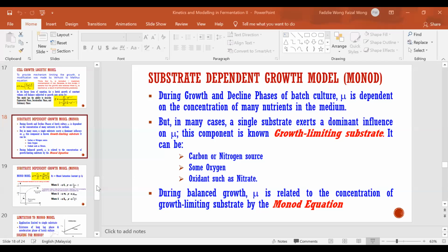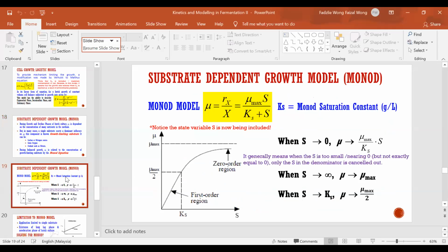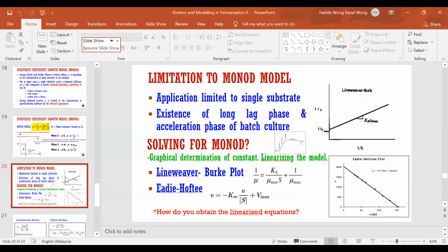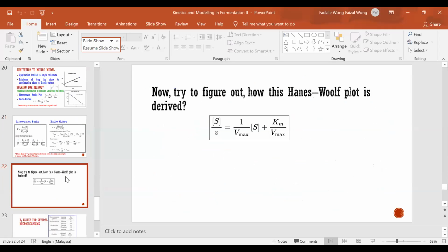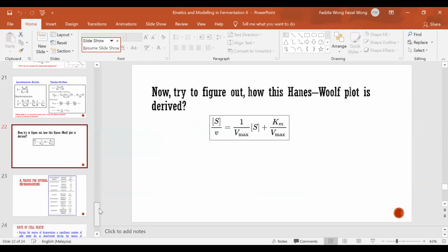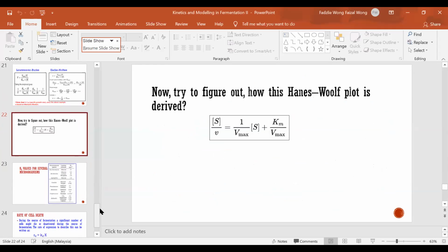All right. So this is the one for Monod just now. We have Lineweaver, we have Eadie-Hofstee, and the third one is the Hanes-Woolf plot, right? So guys, you need to explore all these equations. Use a piece of paper and try to draw and derive all these equations on your own. So I expect all of you can draw these equations. You have to basically understand it rather than memorize.